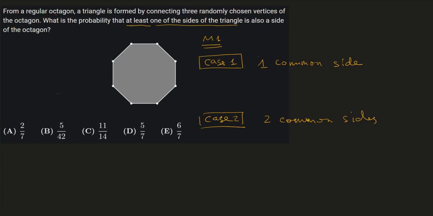All right, let's look at case 1 first. In case 1, since they only have one common side, let's start from there. Let's first assume the common side is this side, which I highlighted here. Then immediately we know that this side gives two vertices of this triangle.